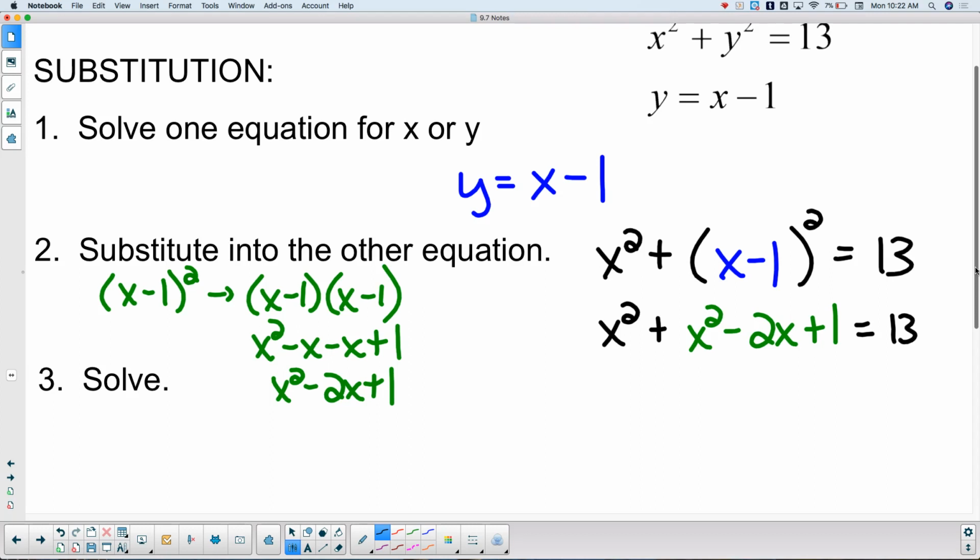No, because there's an x term, so I can't isolate. If there wasn't that other x term, yes, then I'd get all the x squareds on one side and all the numbers on the other. But I got an x squared term and I got an x term, which means that in order to solve it, my equation's got to equal 0. Yep. Okay. So at the same time, I'm going to subtract 13.